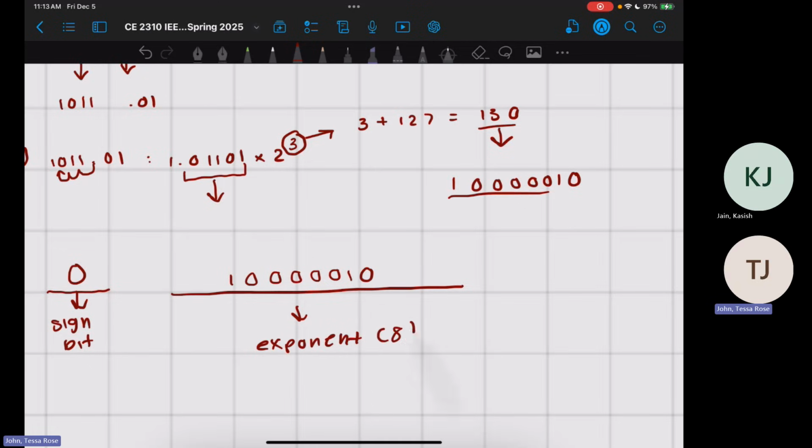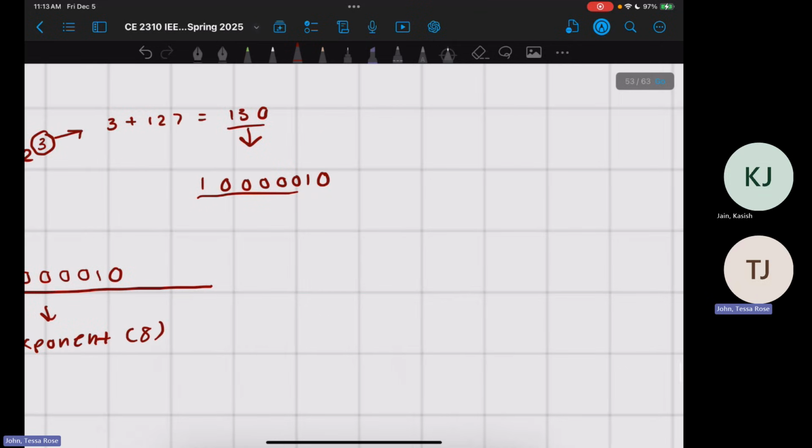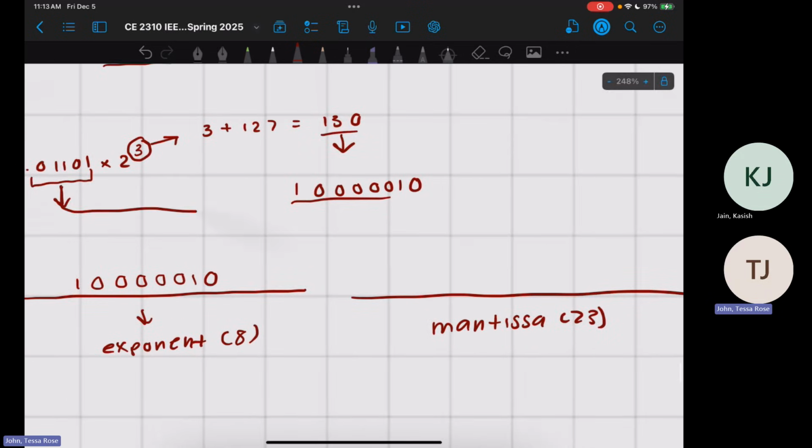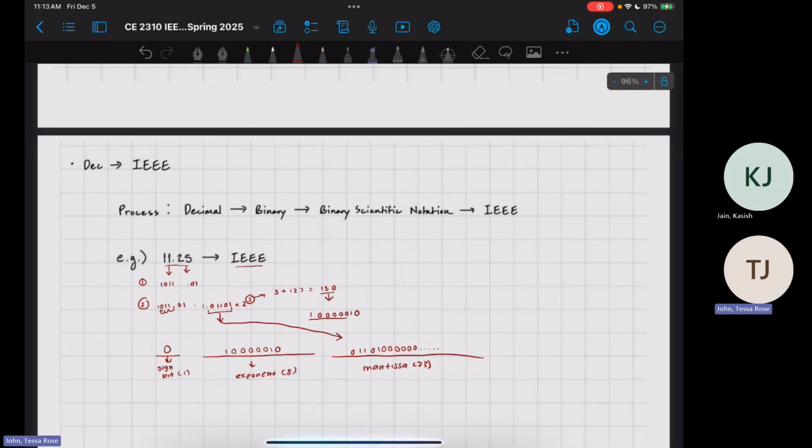And then we have that 23-bit mantissa, which, once again, is the number after the decimal point padded to 23. So 0110 1 and then you keep going until you get 23. So that would be your final answer.